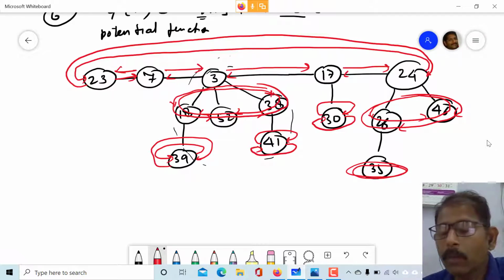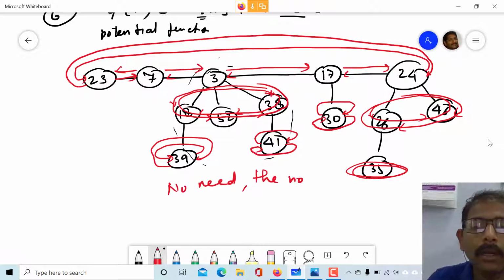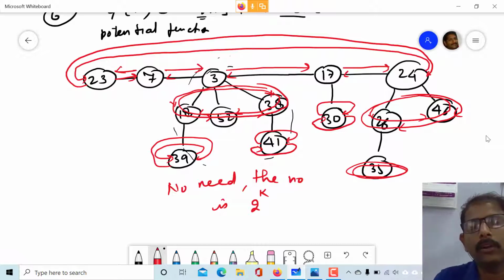I am repeating once more that there is no need for the number to be a power of k. There is also no need for the root nodes to be in increasing order of their degree, which was necessary in the case of binomial heap. You are free to connect the root nodes in any order. This node is of degree 0, 0, then 3, then 1, then 2.